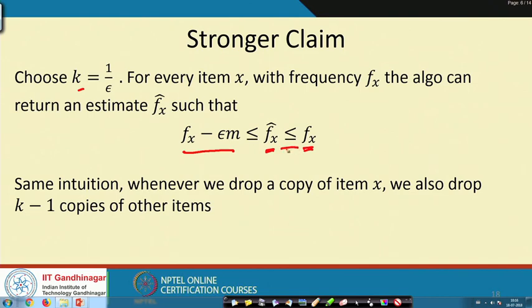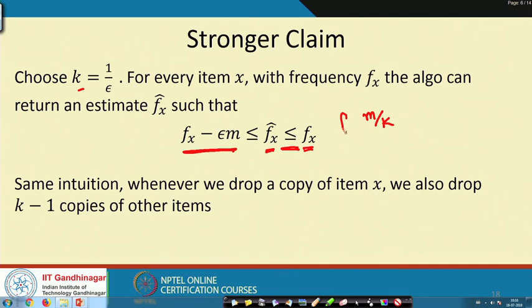So why the former? The fact that f hat x is less than or equal to f x is easy, because we only increase the frequency of an element when we see it in the stream. Why is the latter true? Again I will not write down the formal proof, but the argument is exactly the same. For the element x, there can be at most m by k deletions or drops.